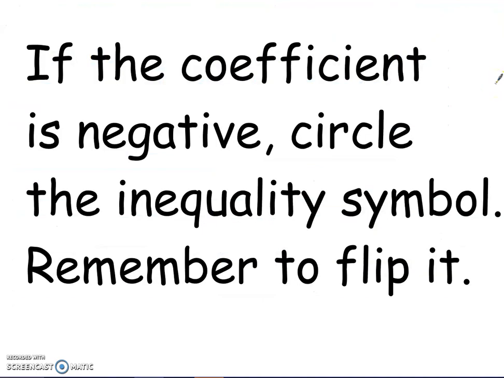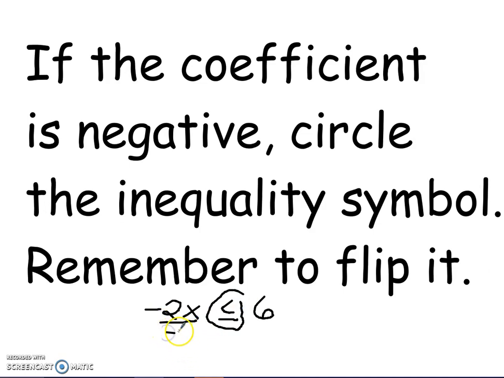So one more time. If the coefficient is negative, for example, if you have negative 2x is less than or equal to 6, you need to circle the inequality symbol and you are going to flip it.